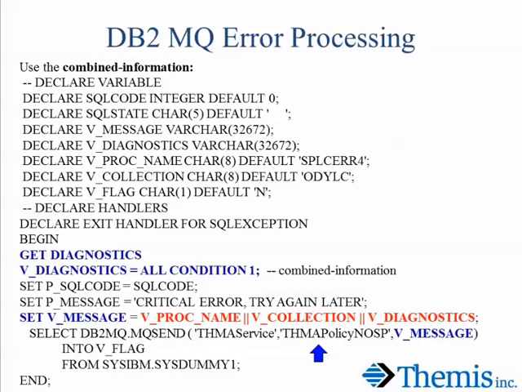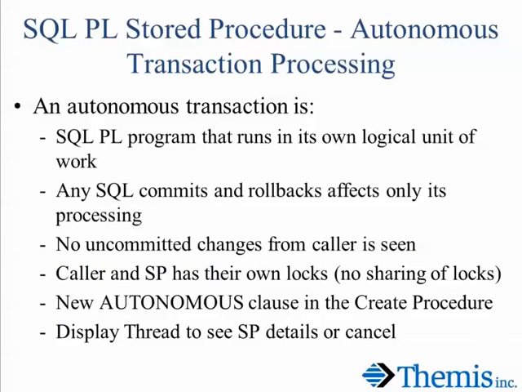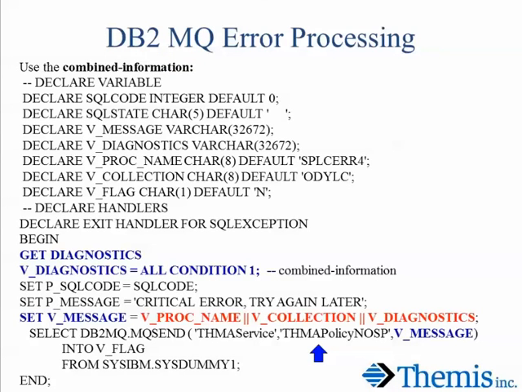So if you're in version 11, autonomous stored procedures would be the preferred method of logging your errors, by calling an autonomous stored procedure and inserting into a DB2 error table. Now we could also pass our error information and write it out to an MQ Series queue. You want to make sure that it is a non-synchronized queue.